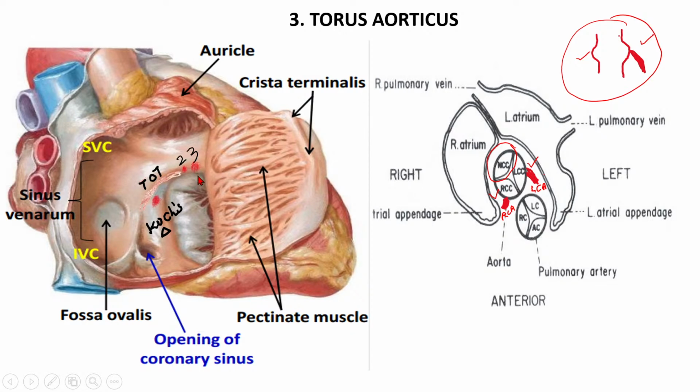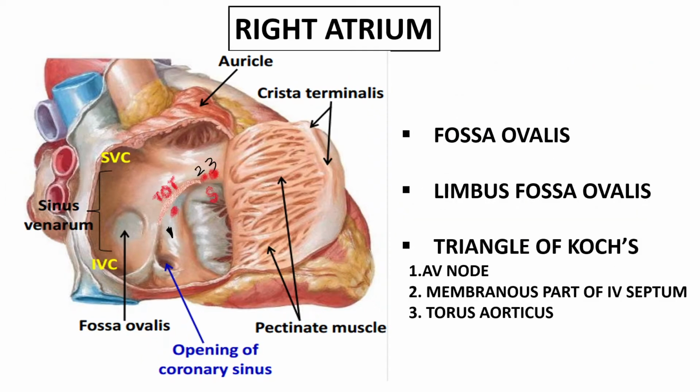So, we have marked 3 areas in the right atrium: the Koch triangle, the tendon of Todaro, and the AV node. Above the tendon of Todaro I have marked the membranous part of the interventricular septum and a bulge of the non-coronary aortic sinus in the right atrium. Other features marked in the interatrial septum were the fossa ovalis and the limbus fossa ovalis.